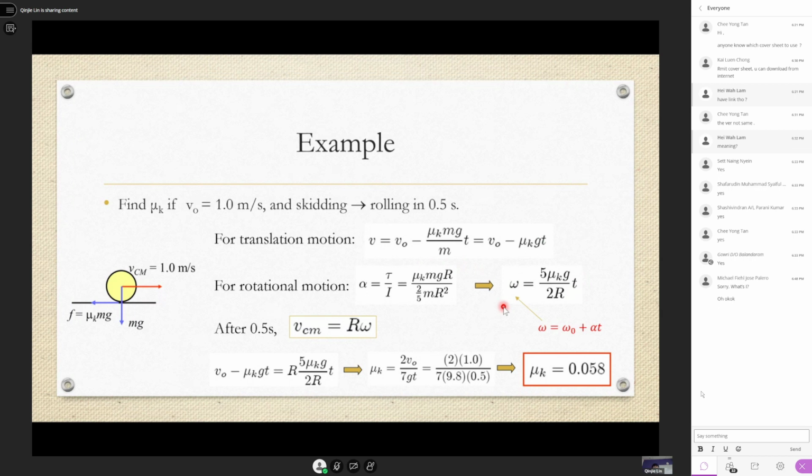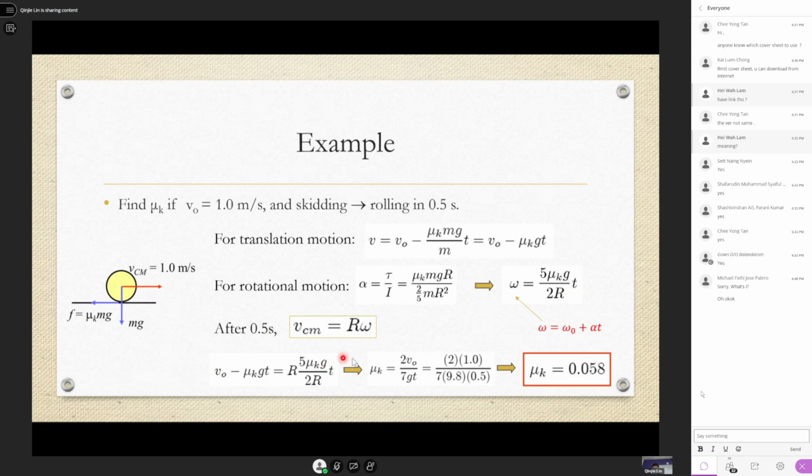Why do you find that? Because you know the criterion for rolling without slipping is V equals R omega. They tell you after 0.5 seconds, it becomes V equals R omega. So you put V to this expression equals R omega.